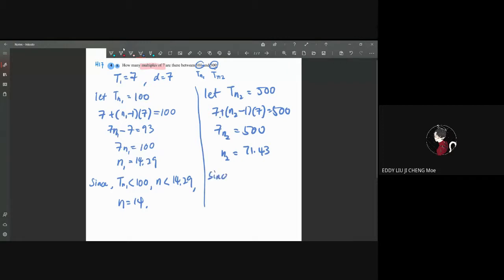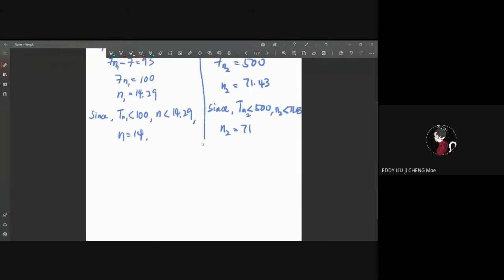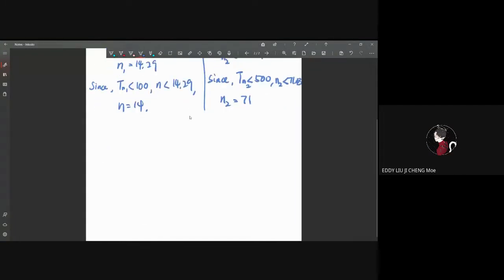Again, since we know that Tn2 is smaller than 500 and n2 is smaller than 71.43, n2 will equal 71. And then from that, how many multiples? So we know that there are 71 minus 14, and we will get 57.